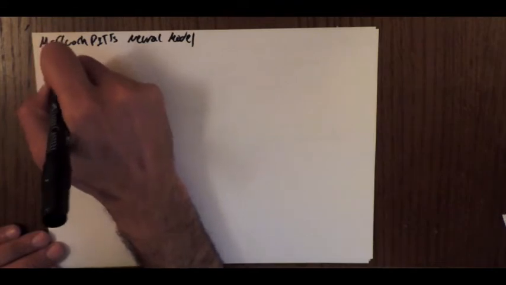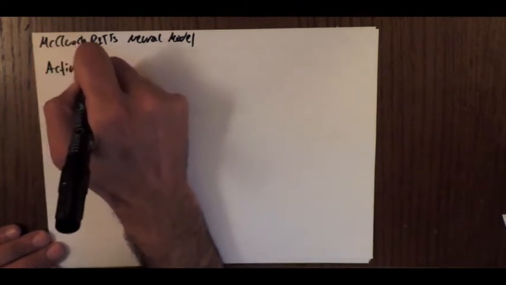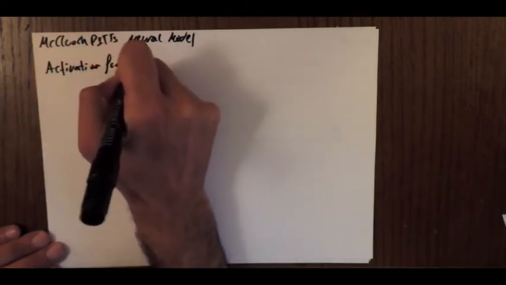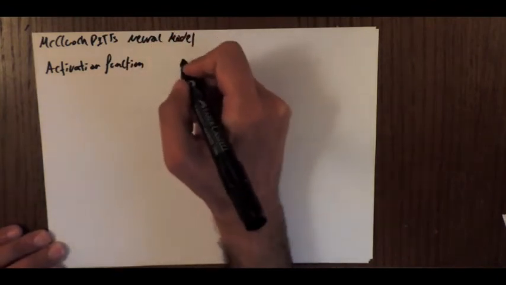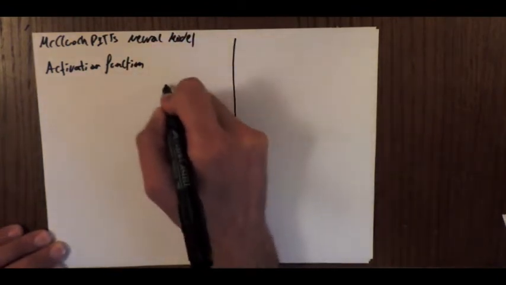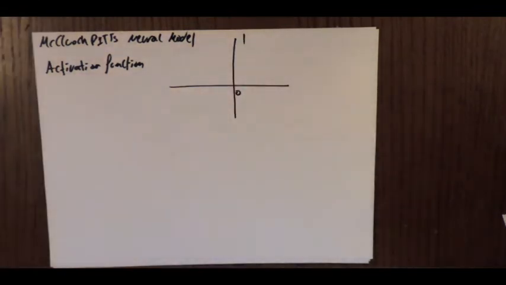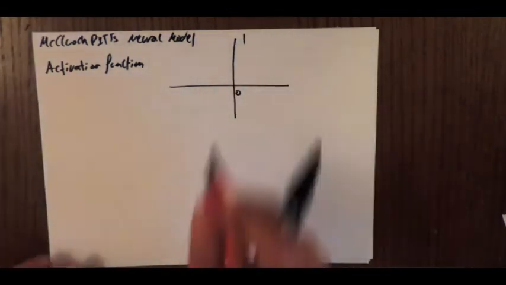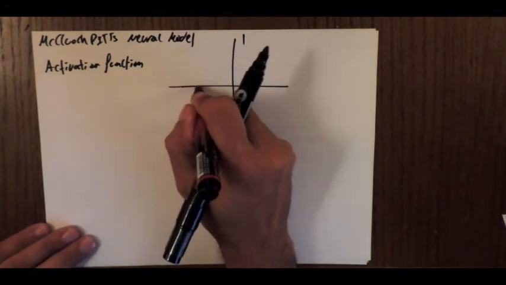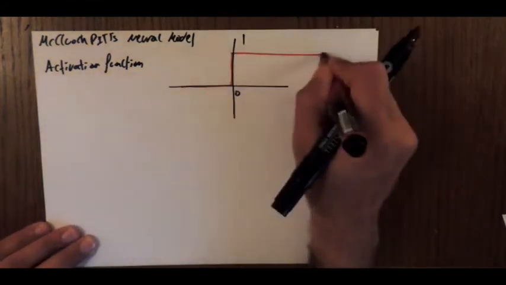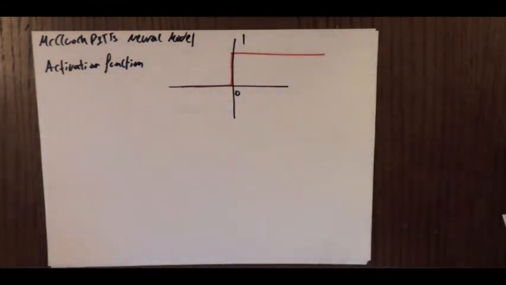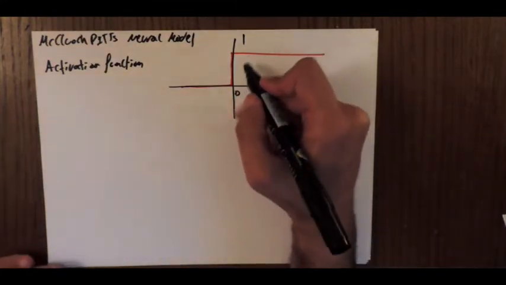It looks something like this. If I draw it like this, this is 0, this is 1. So I use a different color. Okay, so this is phi of v.